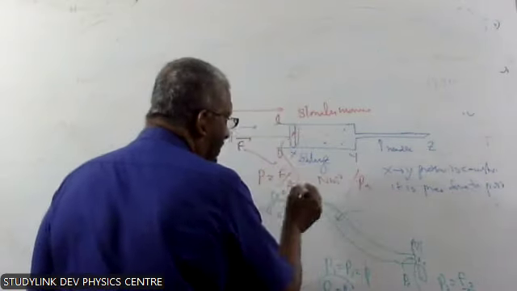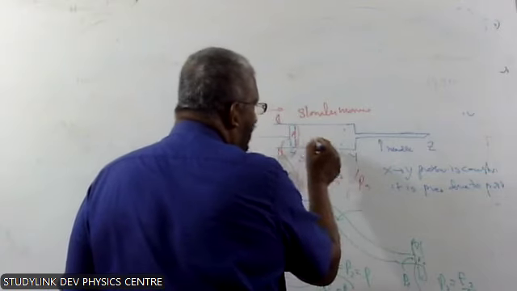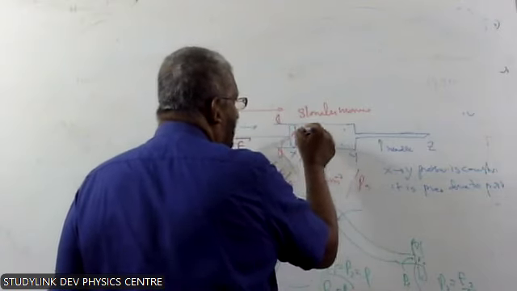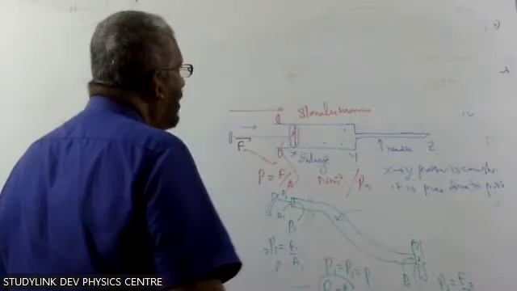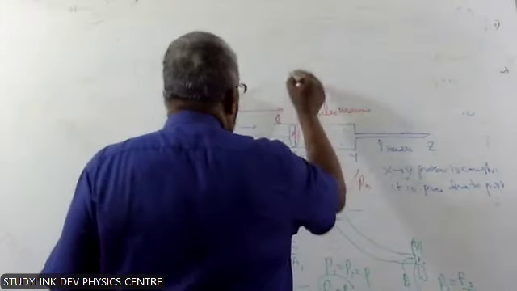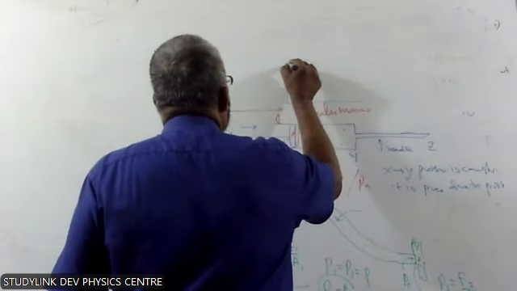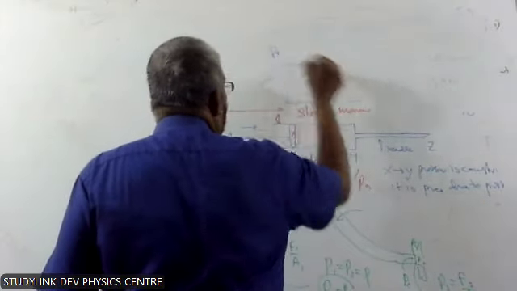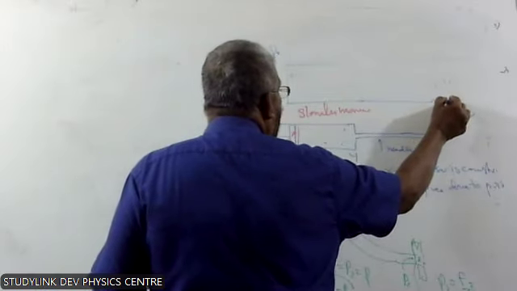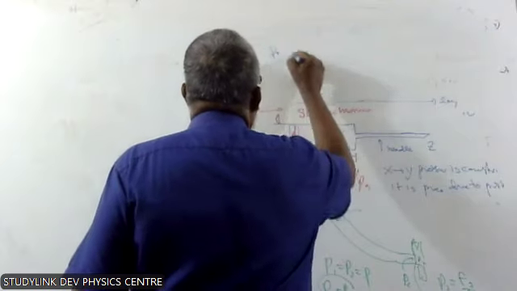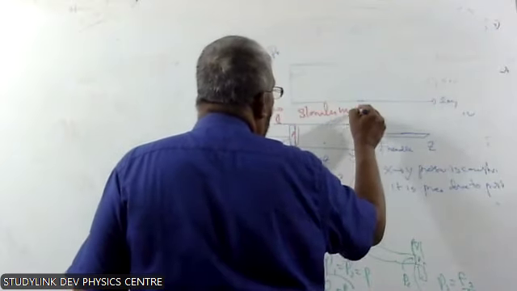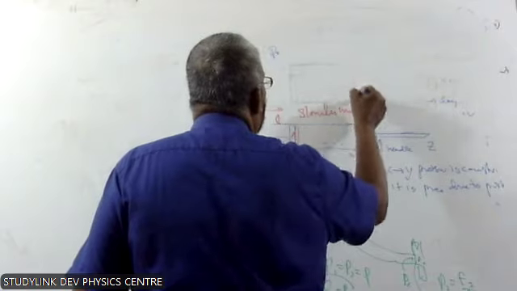That means everywhere the pressure is the same. If you plot a graph from X to Y, the pressure is constant. Pressure versus length. Starting from here, up to this point, the pressure is constant.